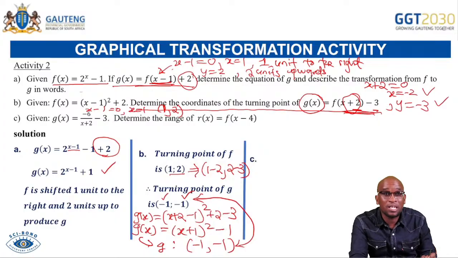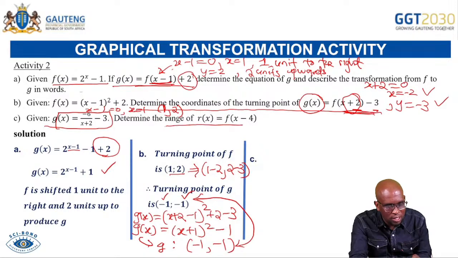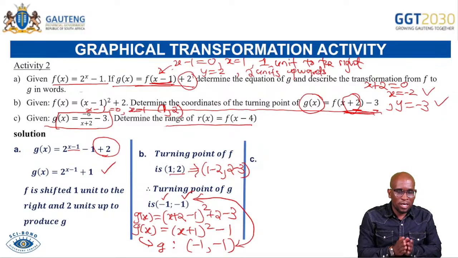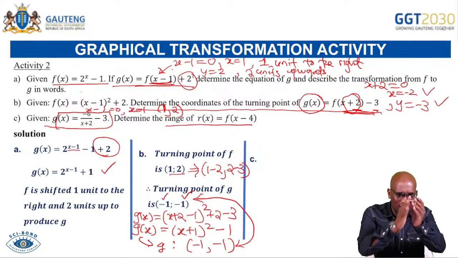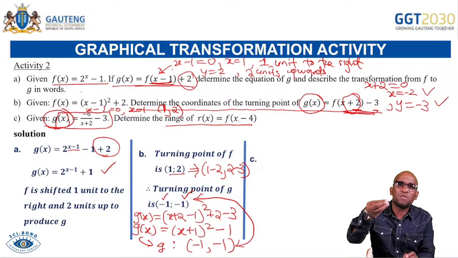I'm moving on to the third one. Last but not least, we are given the hyperbolic function of this nature. We want to determine the range of R of x, which is f of x minus 4. Remember, if we want that range, there are two methods. We can determine the original range, the range of G, and then we check what the transformation is.